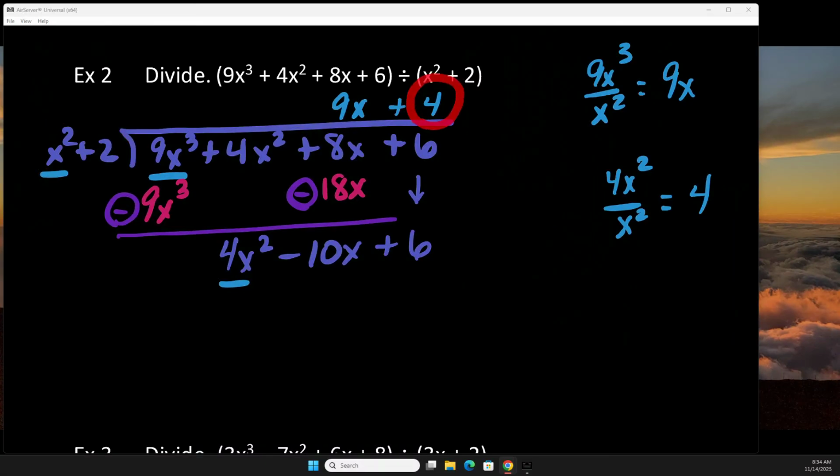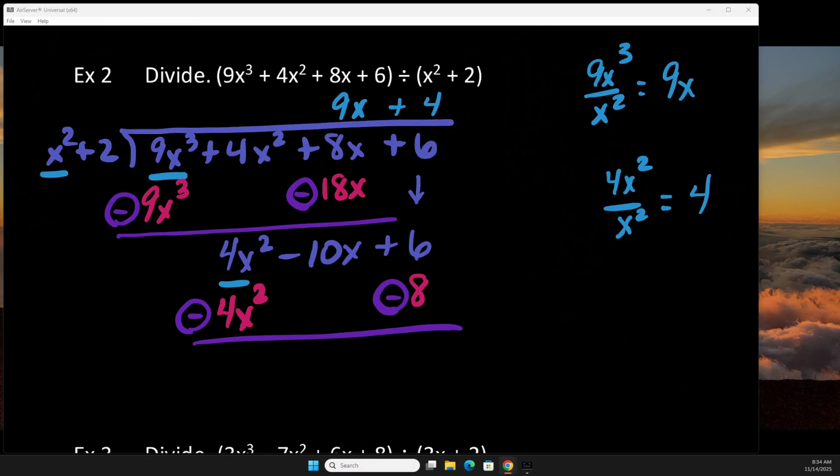All right, so 4 times 2 is going to give you 8, and you do need to line it up under the constant, under the number that doesn't have an x with it. And then take 4 and multiply it by x squared, and you get 4x squared. You line it up under the x squared term. And then we're ready to subtract.